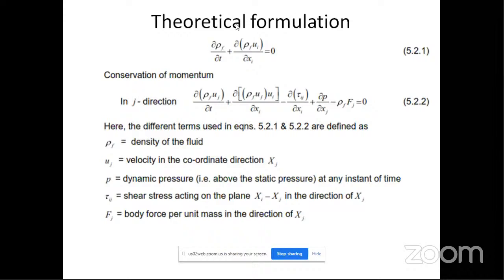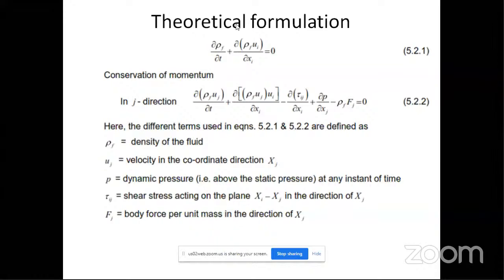In three dimensions, let us say j is 1, then i will not be 1, it will be 2 and 3. So one term will be u1 u3, another will be u1 u2. For that, you can follow any standard finite element book.